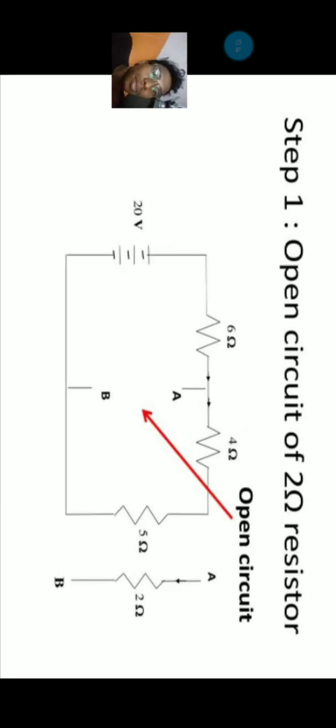First step, the 2 ohm resistor is open circuited, because we must find the voltage across that load resistance, the AB terminals.